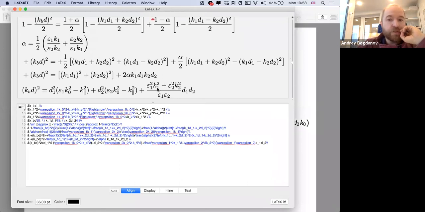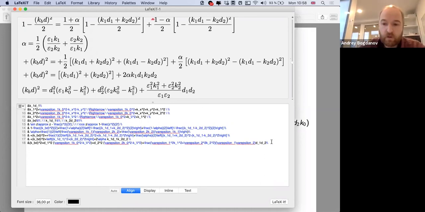I also need to expand this k1 square and k2 square. Let's do this. So the same expression, but here, what should I write? Epsilon 1 over epsilon 2.